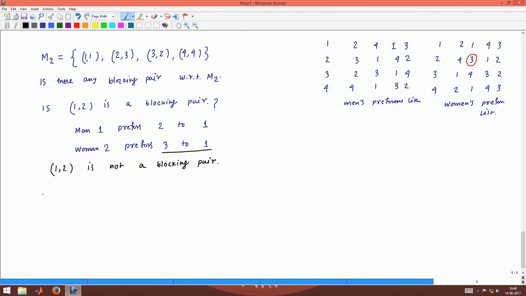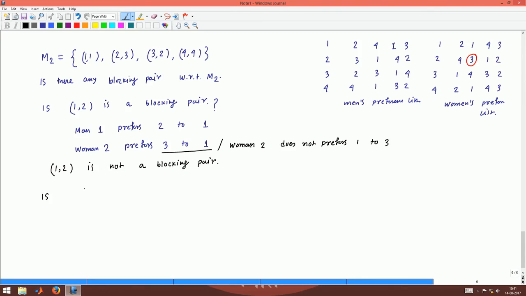Now, since (1, 2) is not a blocking pair, because of the fact that, let me rewrite the same thing again: woman 2 does not prefer 1 to 3. That is why (1, 2) is not a blocking pair.